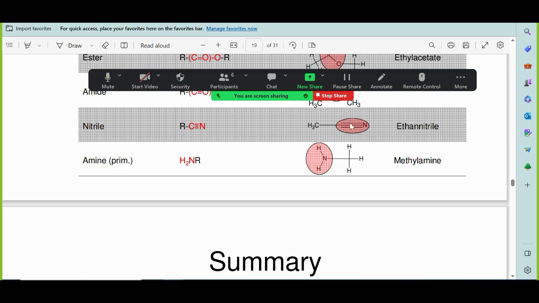In this case, we have 2 carbons, one group here, the methyl, and a second one that is part of the functional group cyanide. So the name will be ethane nitrile. Ethane because it's two carbons.